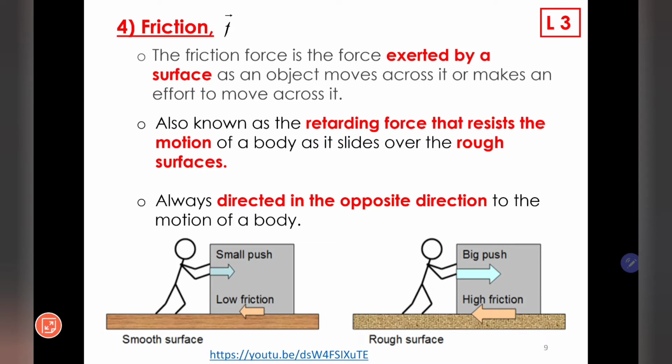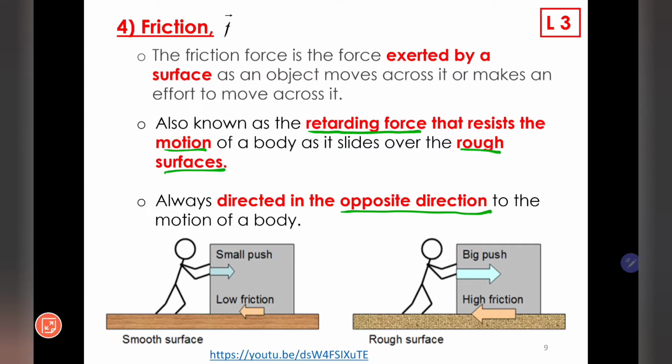Also known as the retarding force that resists the motion of a body as it slides over a rough surface. So normally we call it the retarding force against the motion, for any rough surface. And the frictional force is always directed in the opposite direction of the motion. Let's say for any motion directed to the right, of course the friction is directed to the left.